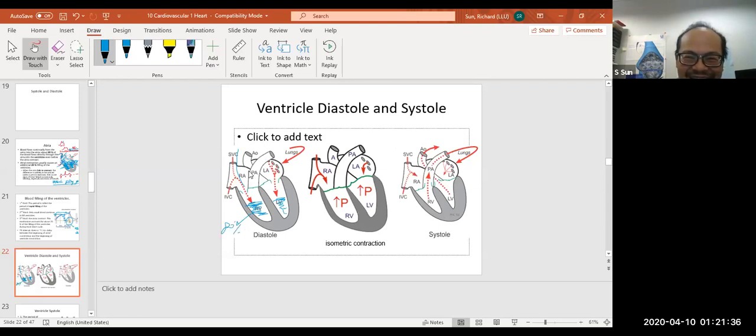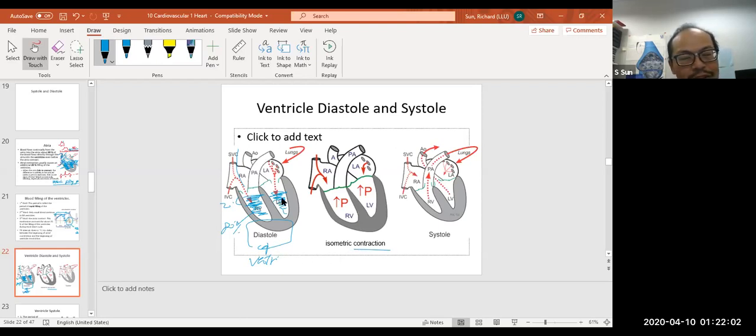And then atrium contracts to fill it to another 20%. So we finish that. During this time, this one is called diastole. This diastole means ventricular diastole. It doesn't contract yet. Then the ventricle starts to contract.